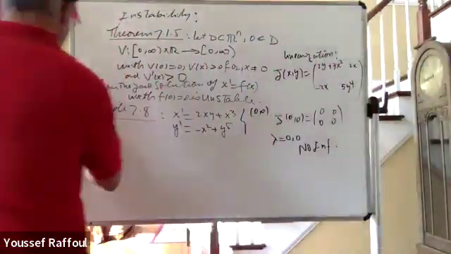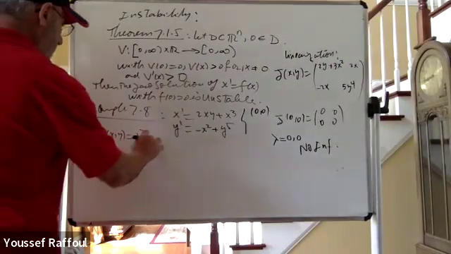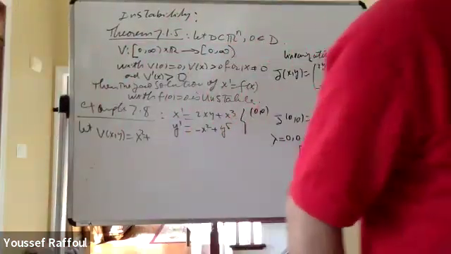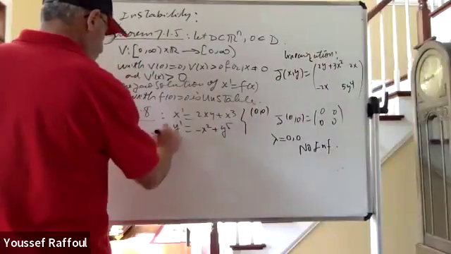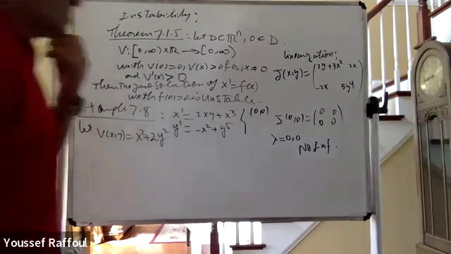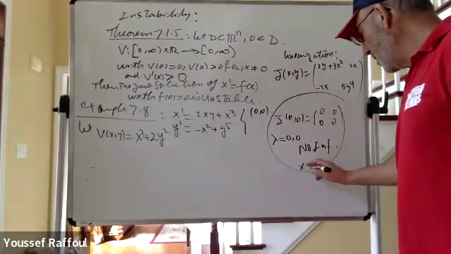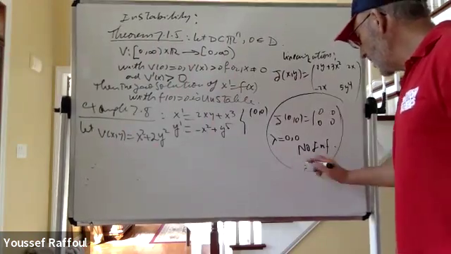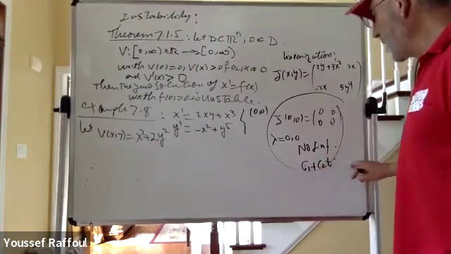So let's use a Lyapunov function. Let V of x, y equal x squared plus 2y squared. Okay? You know, this should be suspicious, because any solution is going to have c1 plus c2 t, and as t goes to infinity, this is going to go to infinity.